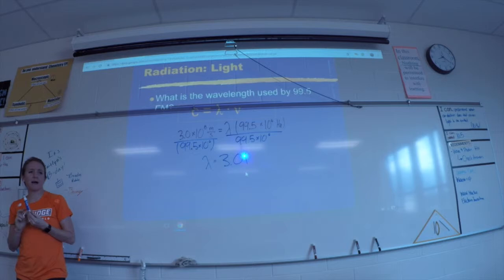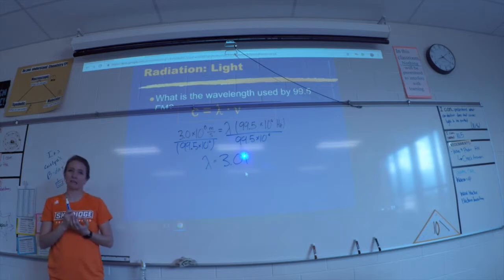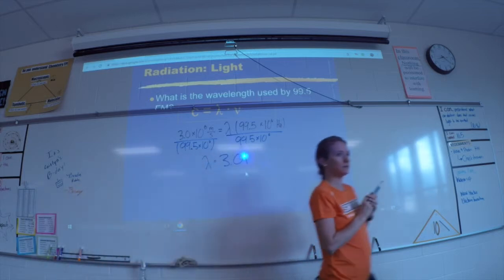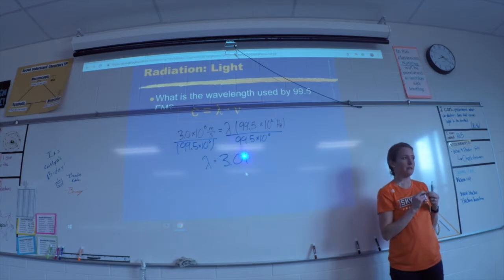Now, for another smiley face today, don't say it out loud, but think in your head, what would be the unit on this number? 3.01 what? If I'm finding wavelength, think in your head for a second what the unit should be. Raise your hand if you have an idea.